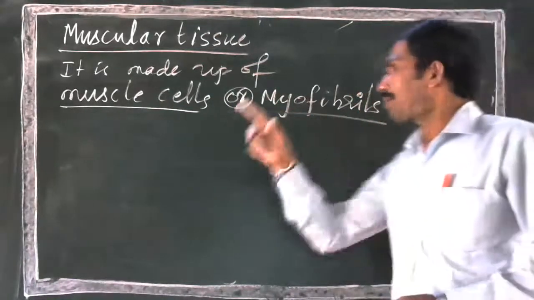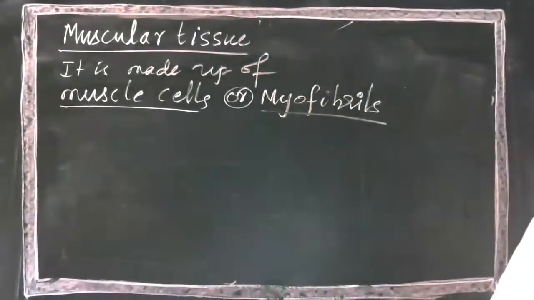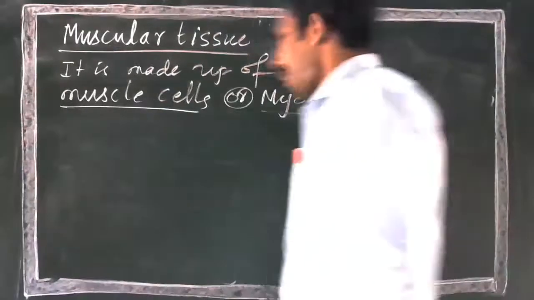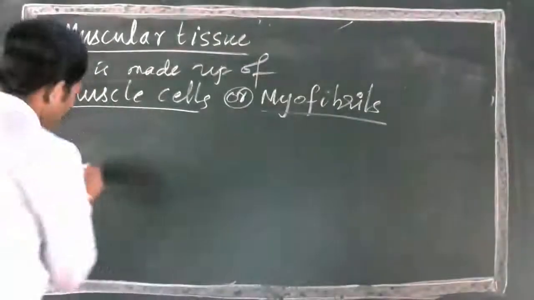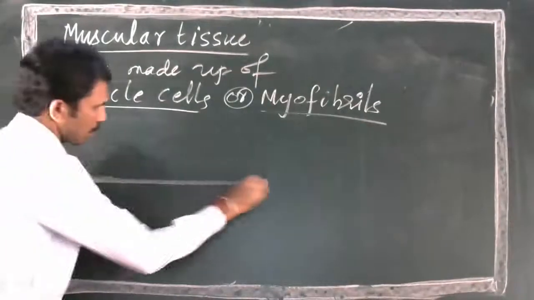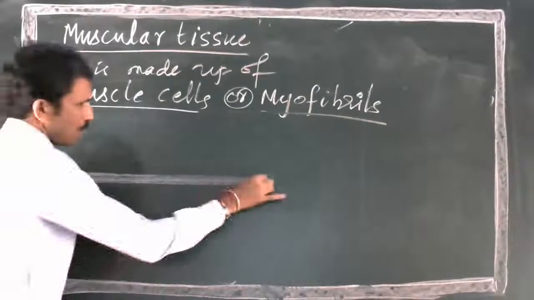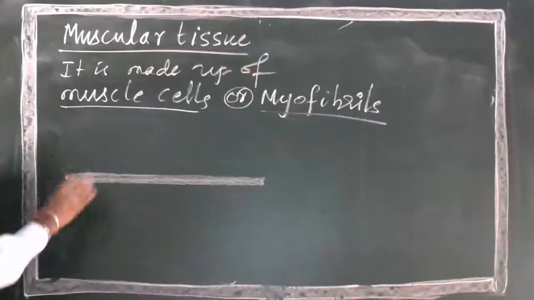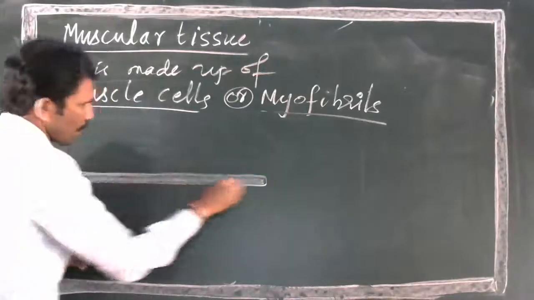Sorry. So, myofibrils. This muscular tissue has a basement membrane. The muscle cells, I told you, are myofibrils.